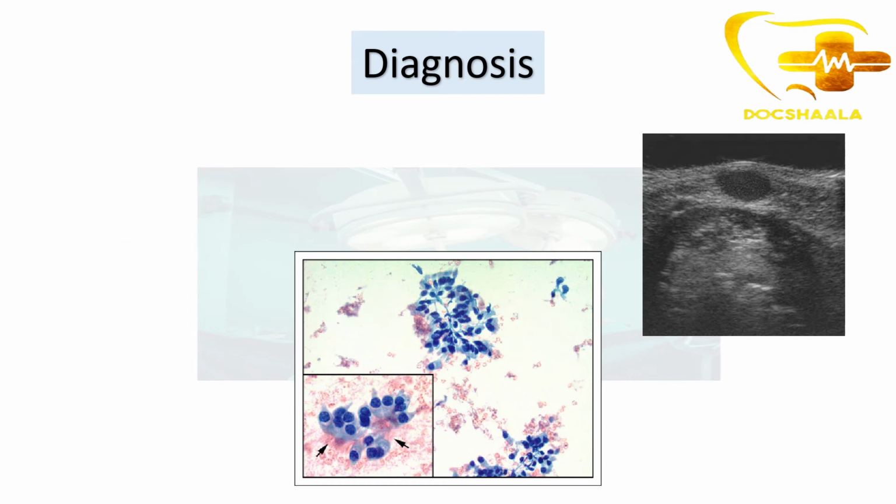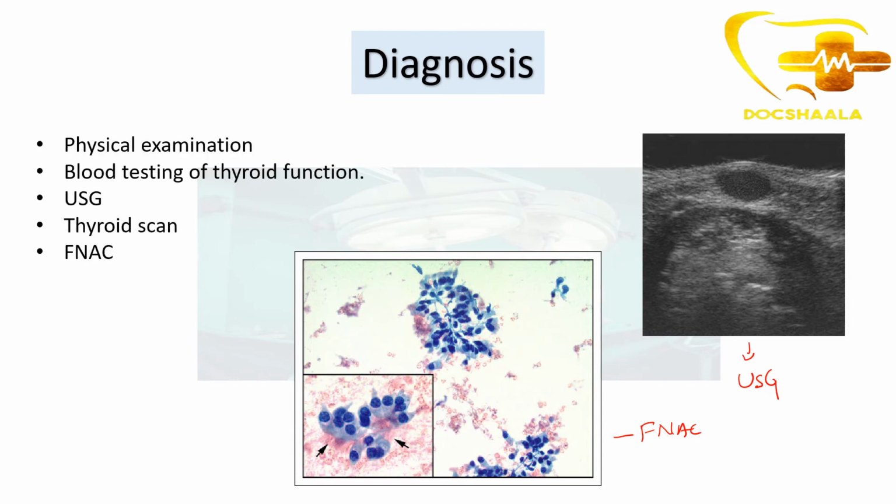Then coming to the diagnosis, you can appreciate the images here: this is the ultrasound and this is an FNAC image of the thyroglossal duct cyst. For diagnosis, we follow physical examination, where we find a small mass along the midline of the neck which moves while swallowing.